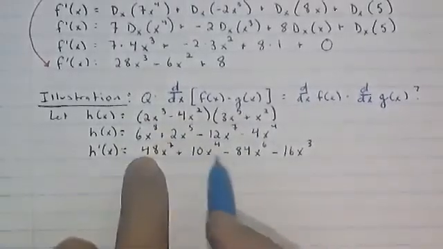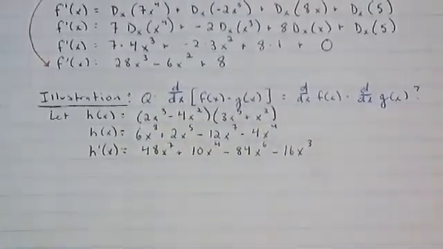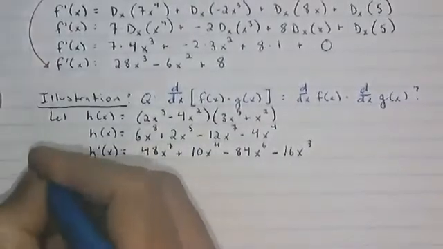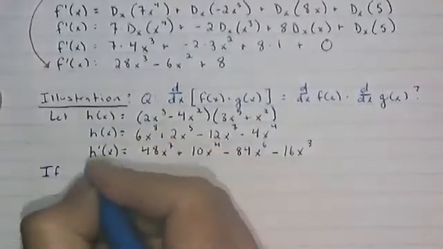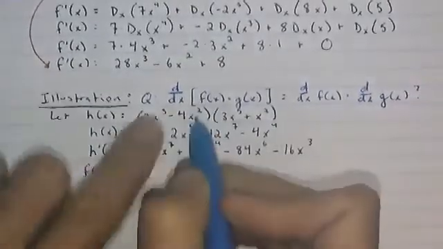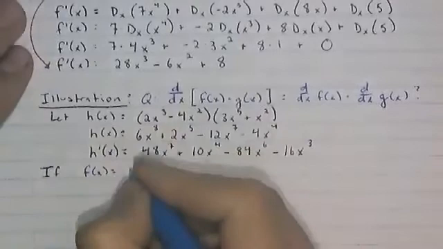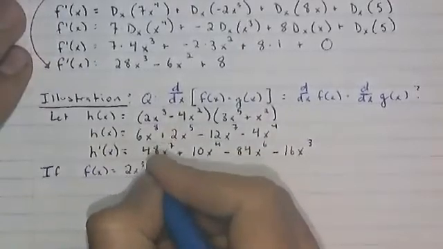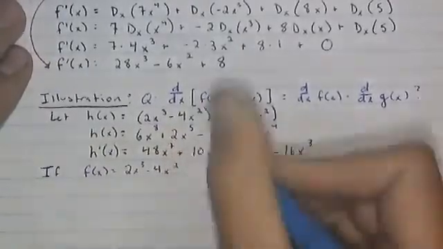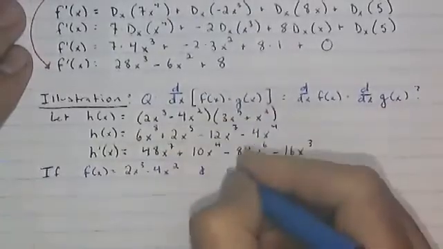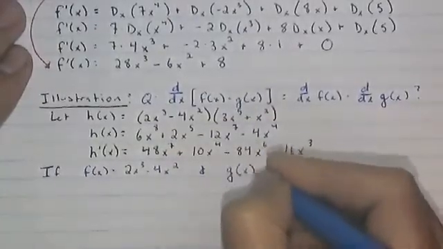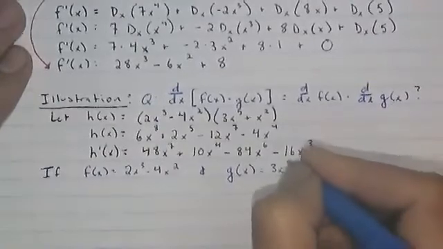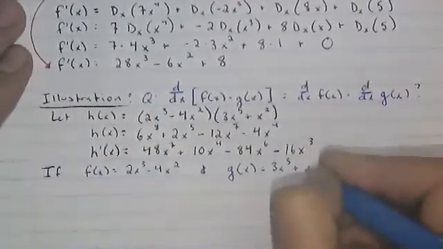We're pretty confident that this is the correct derivative. So let's see what happens if we allow f of x to be this first parentheses, 2x cubed minus 4x squared, and then let g of x be the second part, 3x to the fifth plus x squared.